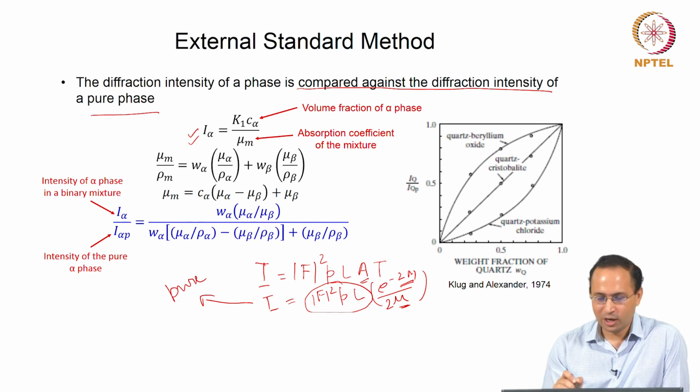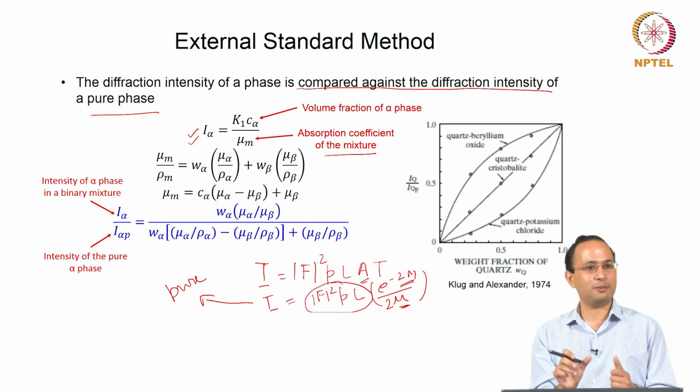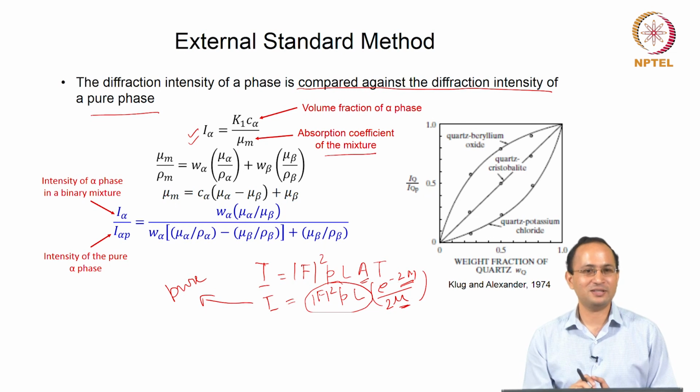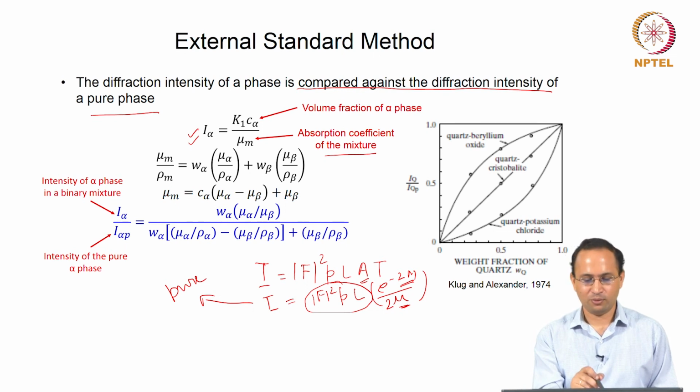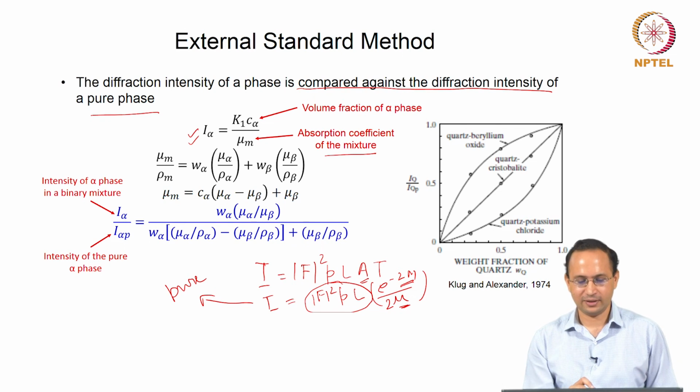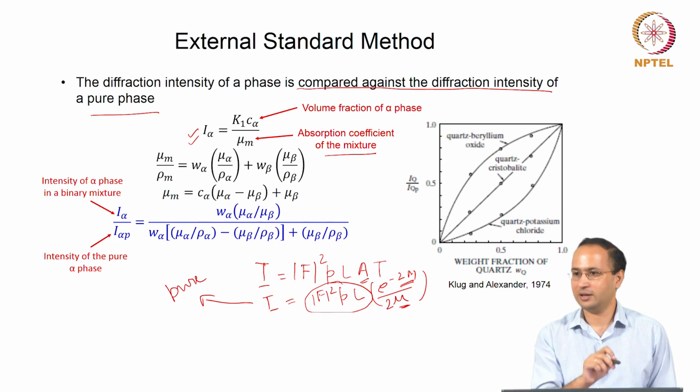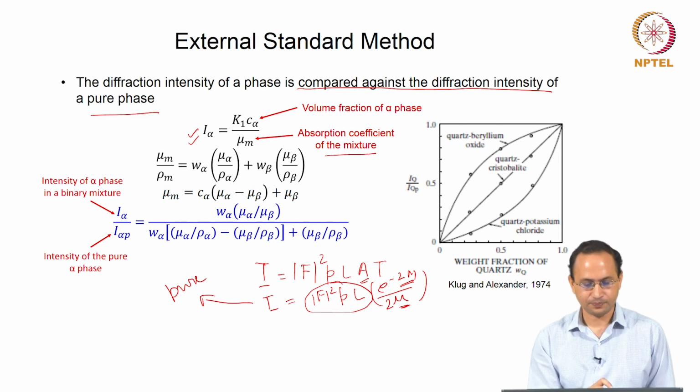What about mu m? Now, mu m is the absorption coefficient of the mixture. You see this term mu appearing here. This is the absorption coefficient of the mixture. If it was a pure phase, then it would be mu for that pure phase. You understand, right? So, the volume fraction and these terms appear, the rest you can write as a constant.